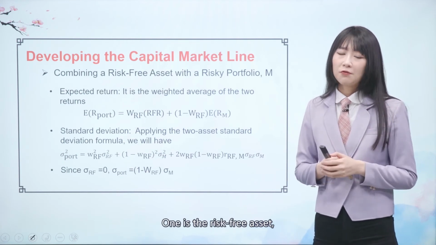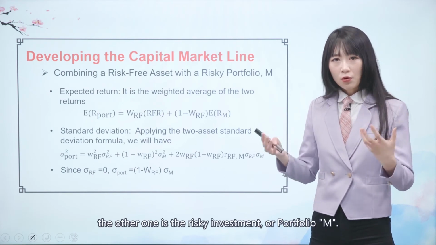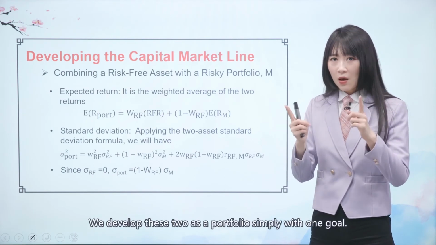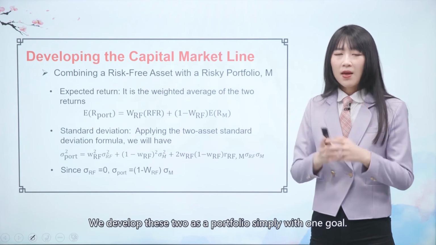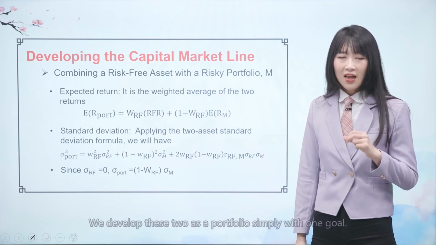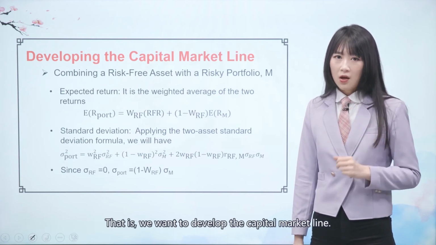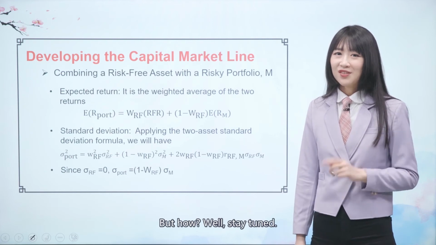One is the risk-free asset. The other one is the risky investment, or let's say portfolio M. Now, we develop this two-asset portfolio simply with one goal. That is, we want to develop the capital market line. But how? Well, stay tuned.